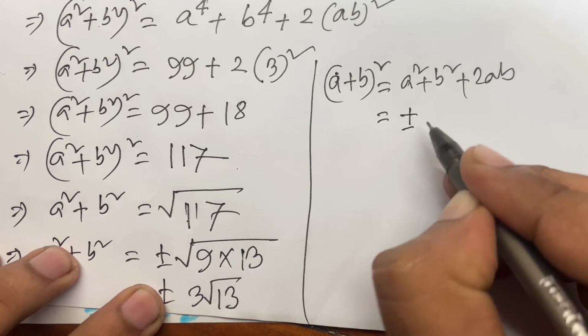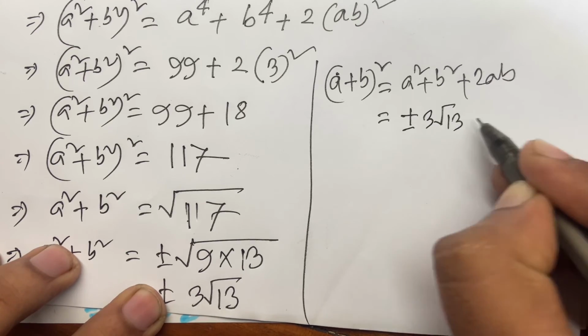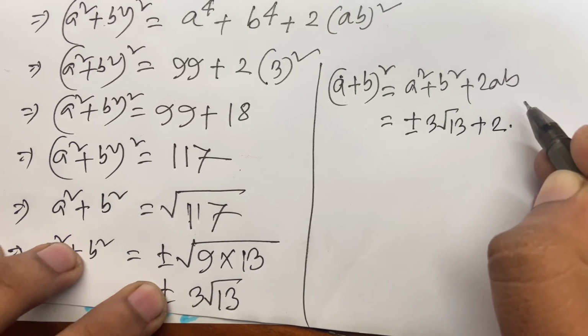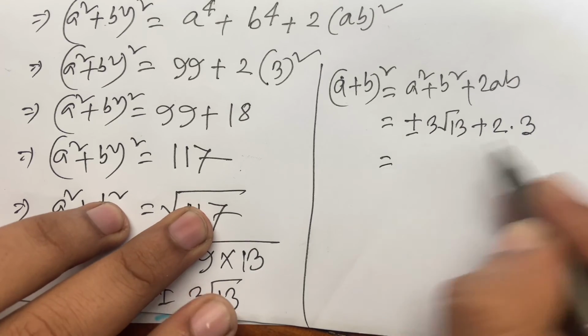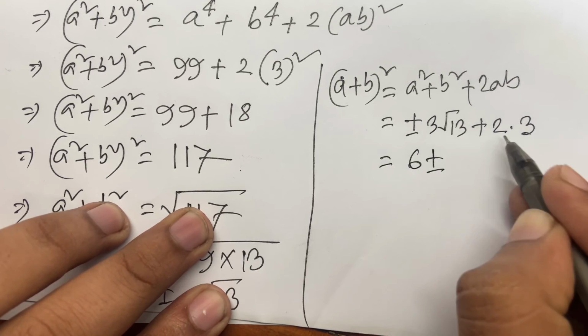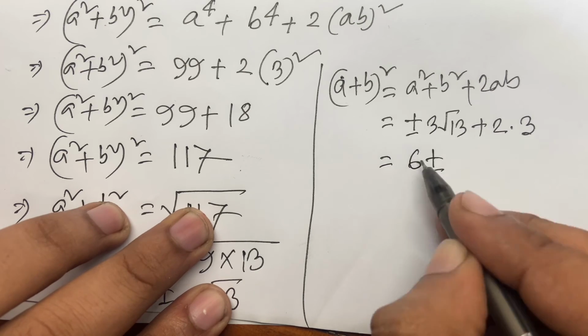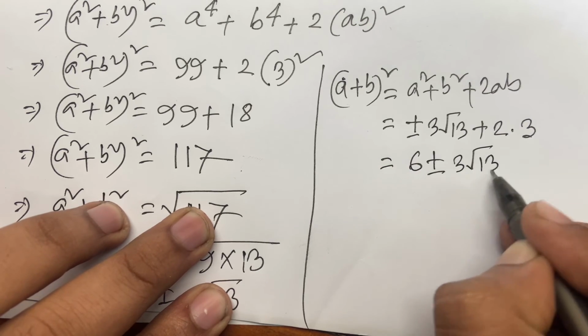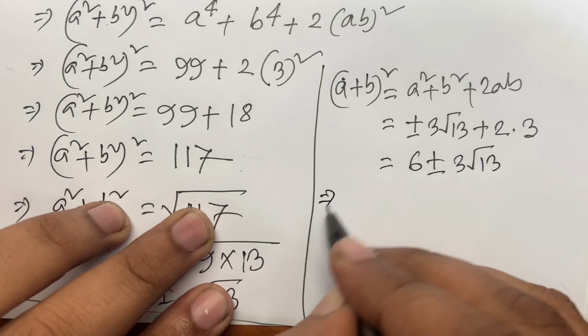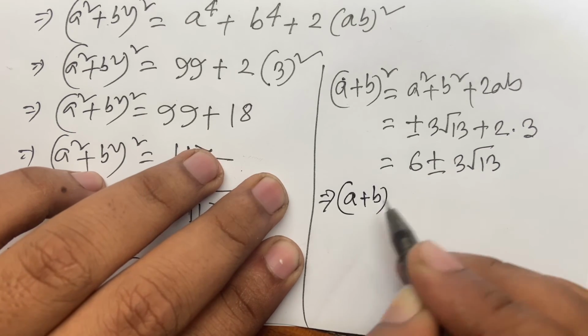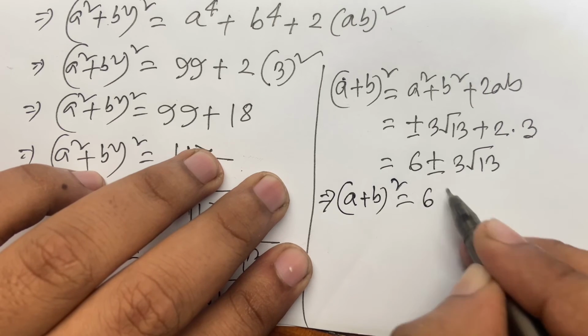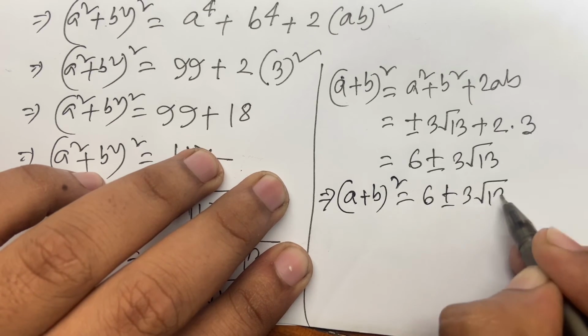So plus minus 3 root over 13, and 2 multiplied by ab, where ab is equal to 3. So I put this value. Now I can see easily 2 multiplied by 3 is 6, and plus minus 3 root over 13. So I can see easily (a plus b) whole square equals 6 plus minus 3 root over 13.